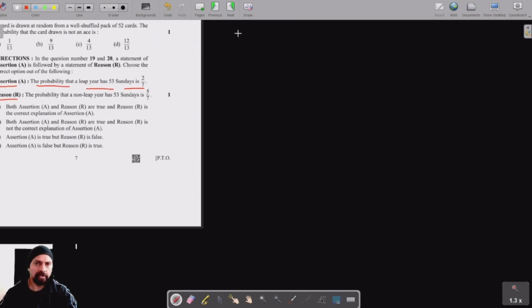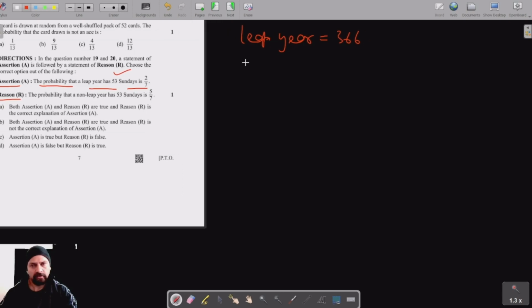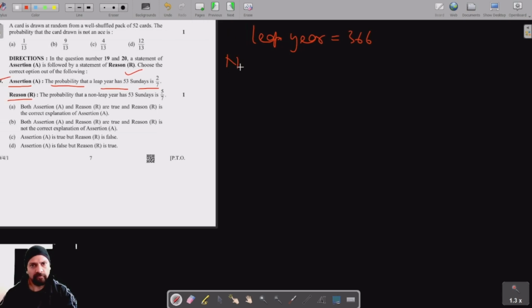Now, a leap year has 366 days, and we have to find the probability of a 53rd Sunday. The number of weeks in a year is 52 weeks.